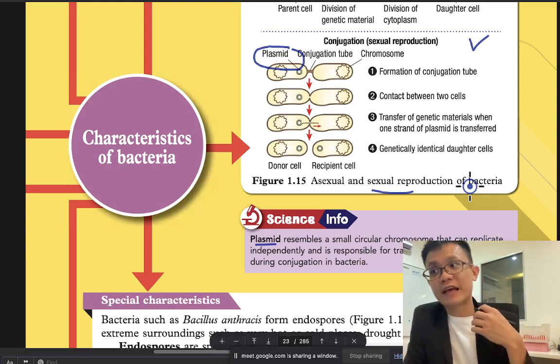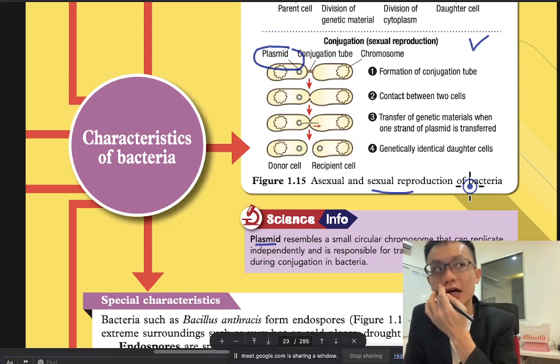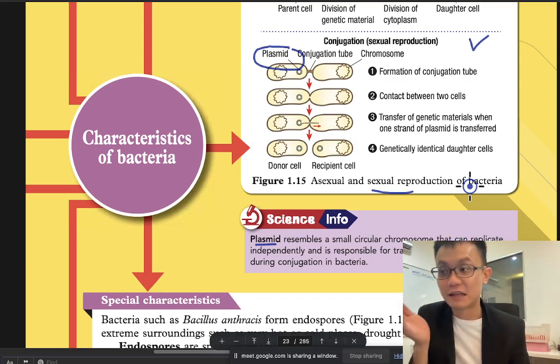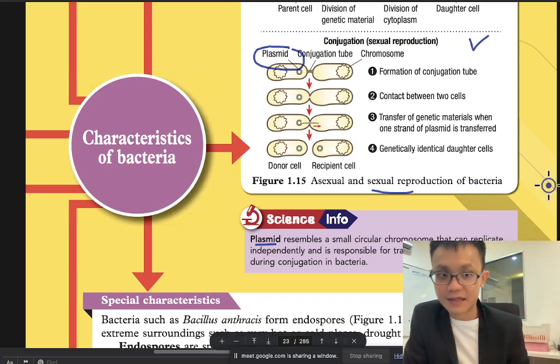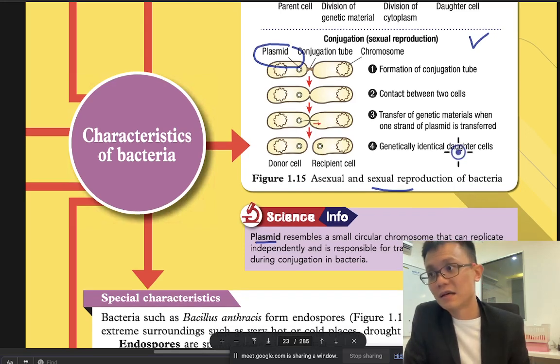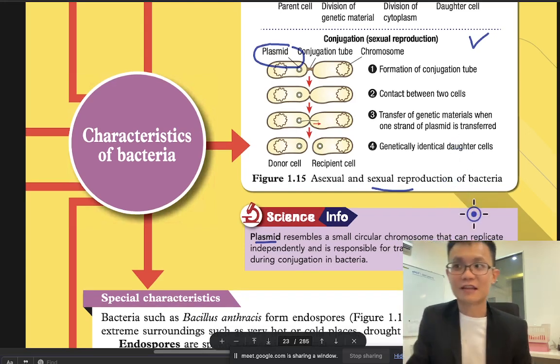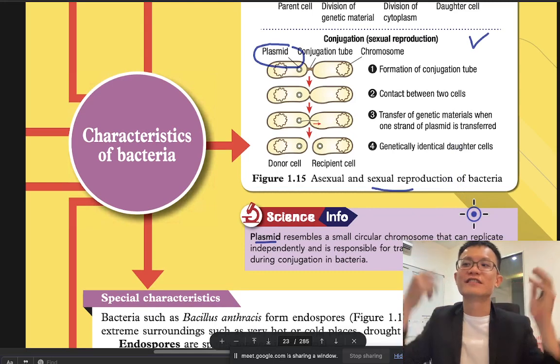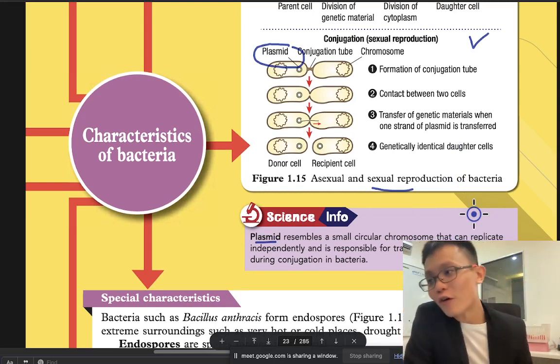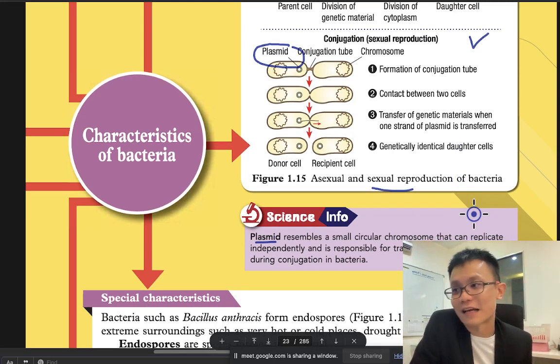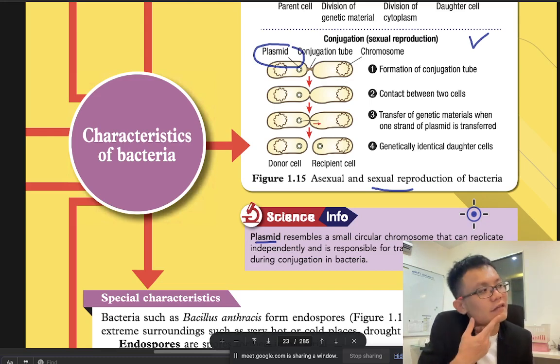No, because you only have half of the genetic material from mommy and half from daddy. So of course there is some exchange of genetic material, and you are special. In this world there is no second person like you. It's impossible to find the same DNA as you. Wow, very special. Yeah, you are also very special.